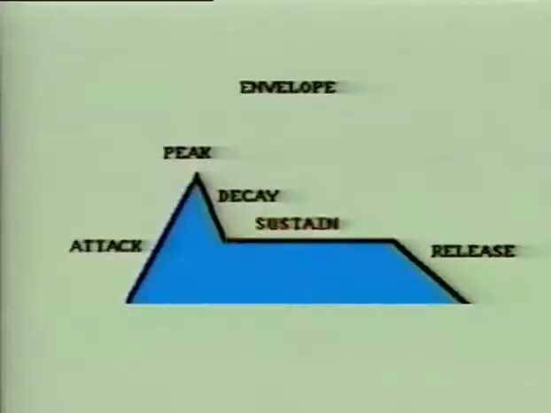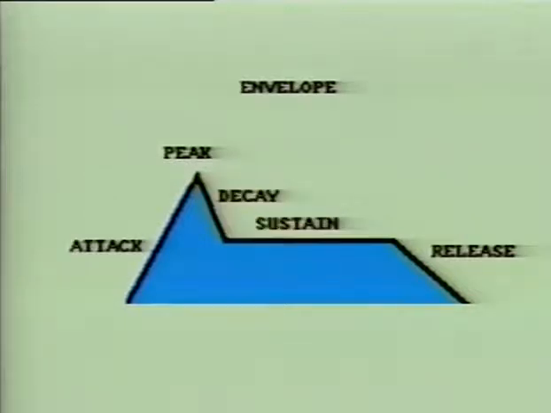Once a sound reaches its peak level, it continues immediately to the next volume level. And the next volume level is known as the sustain level. The stage between the peak level and the sustain level is called decay. Decay is a rate, and it determines the speed at which a sound's volume level travels from peak to sustain.